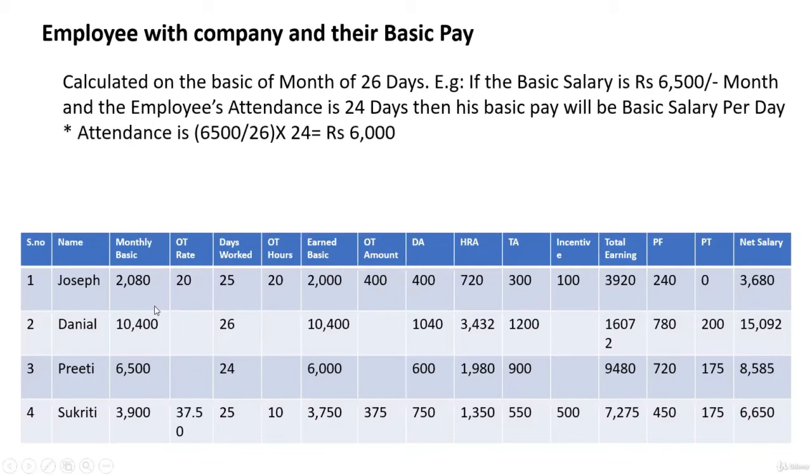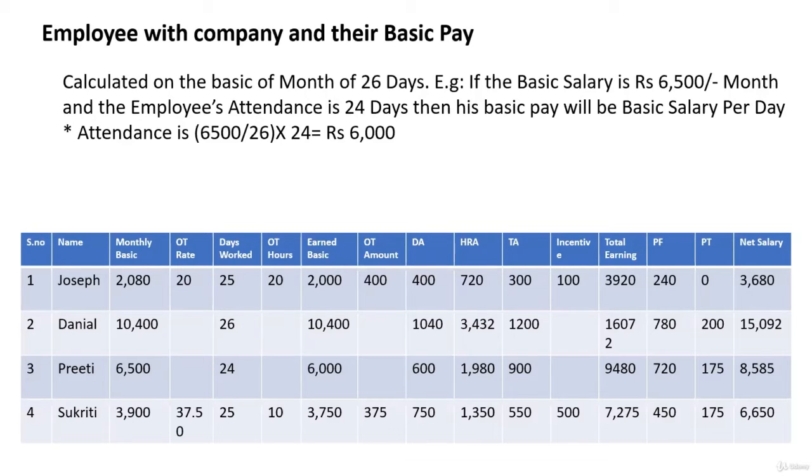Now, as we come forward, the salary or basic pay of an employee is calculated on the basis of the days they are present, but we will take the base of a month of 26 days instead of 30 days. For example, if the basic salary is 6,500 per month and the employee's attendance is 24 days, that is, the employee is present for 24 days out of 26 days, then his basic pay will be the basic salary per day and the attendance: 6,500 divided by 26 days and multiplied by 24 days.